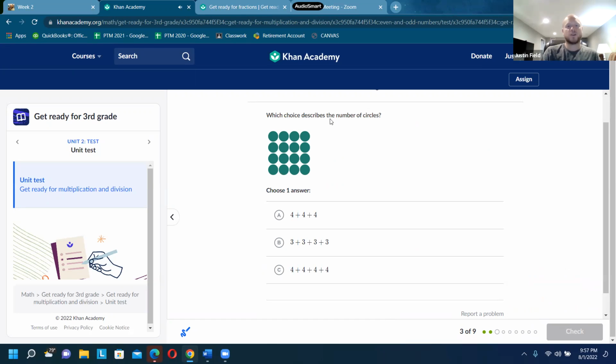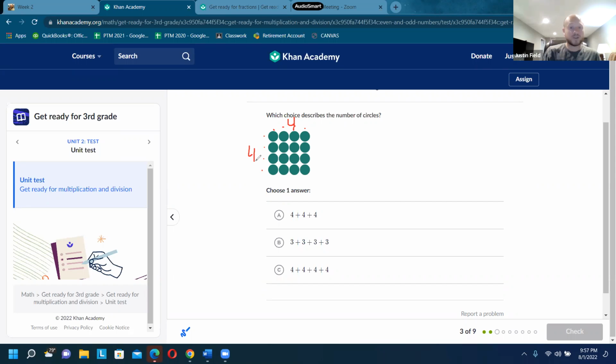Which choice describes the number of circles? So let's look at this little square of circles, and let's count how many we have across the top. 1, 2, 3, 4. So we're going to put a 4 there. Now let's count down. 1, 2, 3, 4. There's also 4 down.